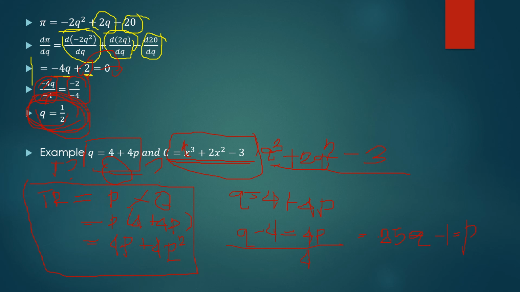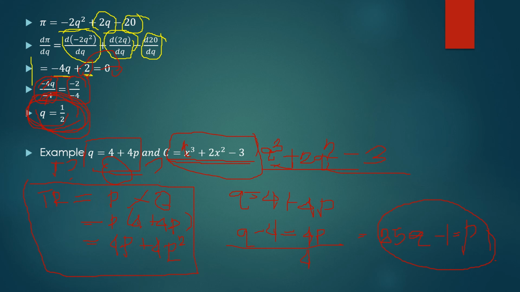So once we have this already, this is what we multiply to the total revenue. So we have 0.25Q minus 1 as our P function already. This is our price function, so that it will match with the cost function. Okay?